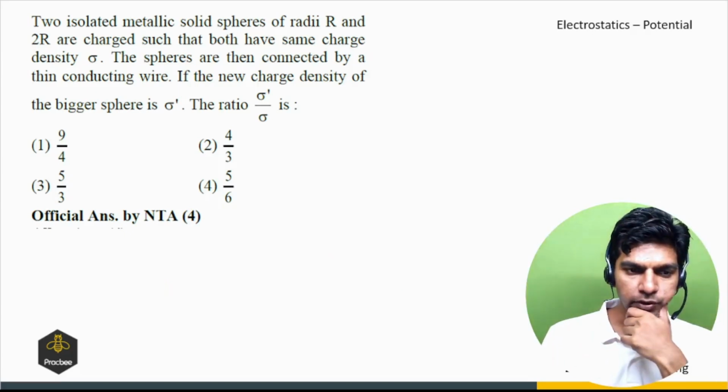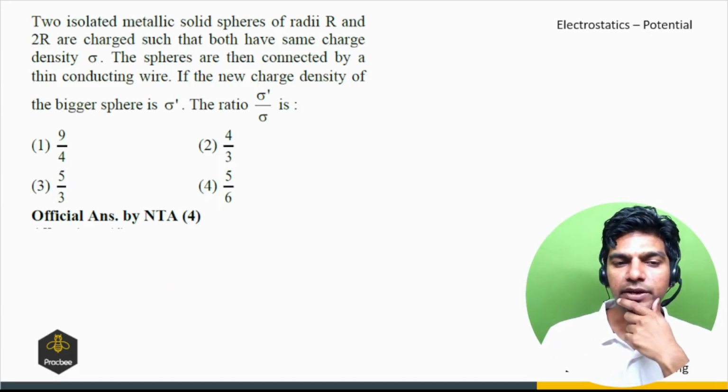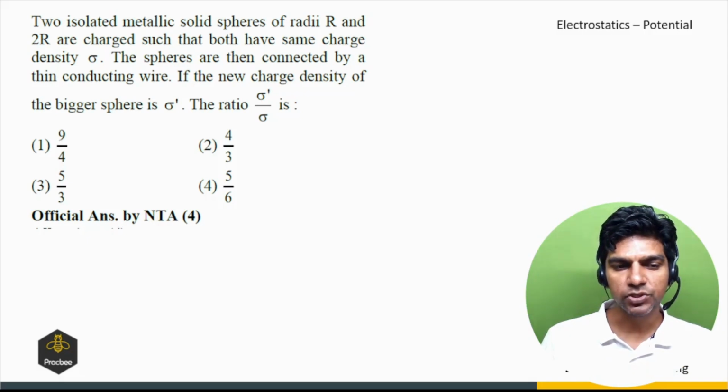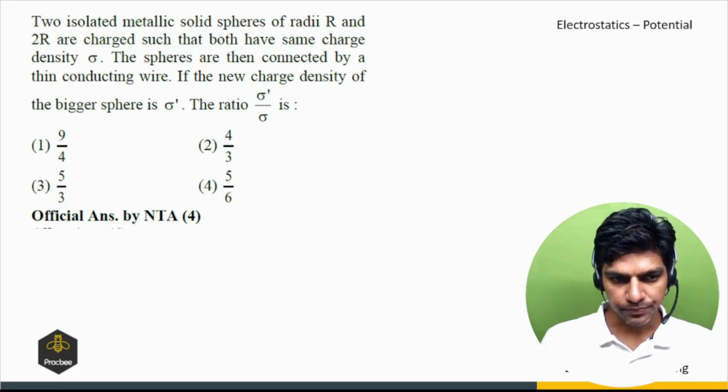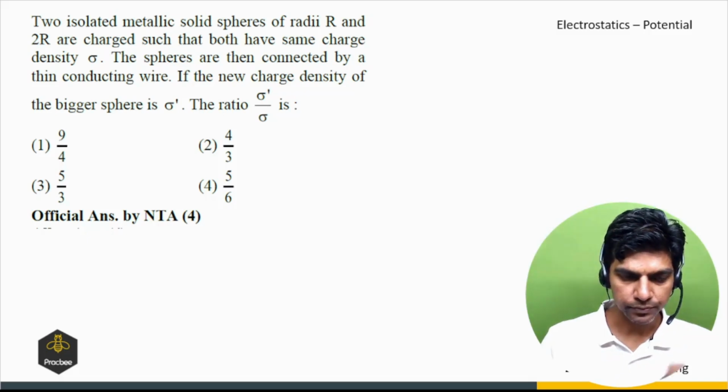Next, two isolated metallic solid spheres of radius r and 2r are charged such that both have the same charge density sigma. The spheres are then connected by a thin conducting wire. If the new charge density of the bigger sphere is sigma prime, then what is sigma prime by sigma? Sigma is the original surface charge density.